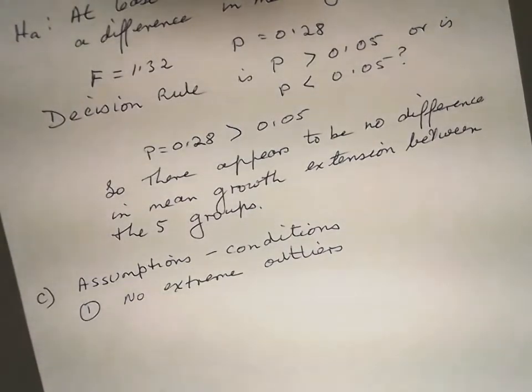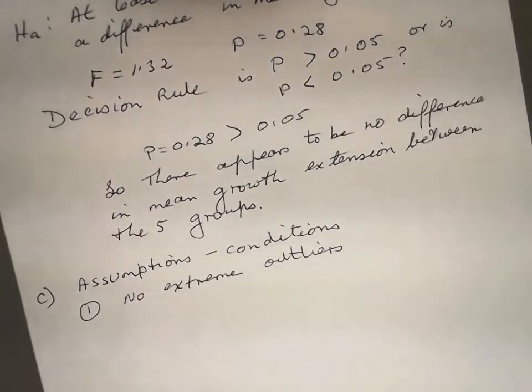And the dot plots we were given, they're reasonably consistent. They're not too spread out. There appears there may be an outlier for rootstock 2, but it's not that extreme. I think if we did a box plot, we'd find that it was probably close to the bottom whisker. So it's not too bad.